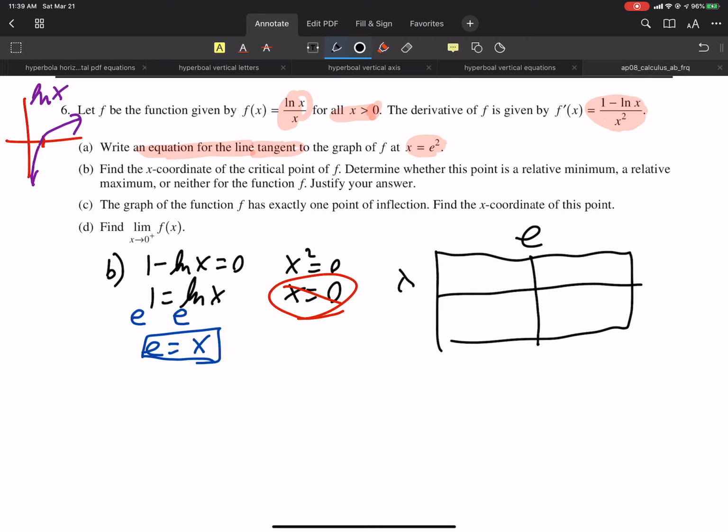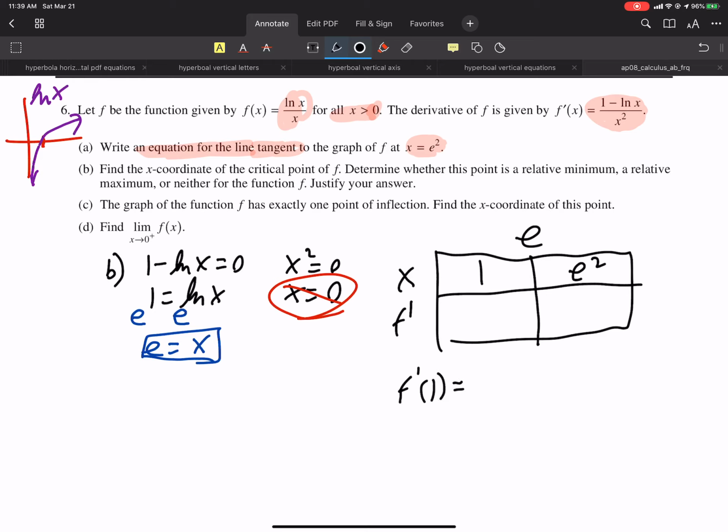So we're going to take a look at x and the derivative of f. A number left of e is like 2.7. What would be a nice number to plug in? I like 1. And bigger than e, I like e squared. You'll see why. So if we plug in 1 into our derivative, we're going to get f prime at 1.